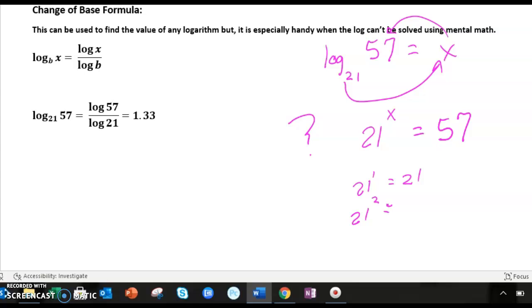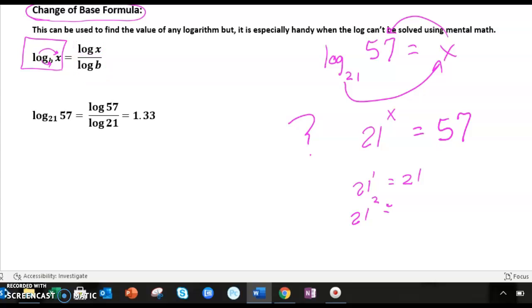Well, this is where our calculator comes in handy. We have that log base key in Desmos. We could use that. Or back in the day before we had calculators that our teachers would let us use in class, we had a formula called the change of base formula. The change of base formula said you can use base 10 if you take the log of x and divide it by the log of b.